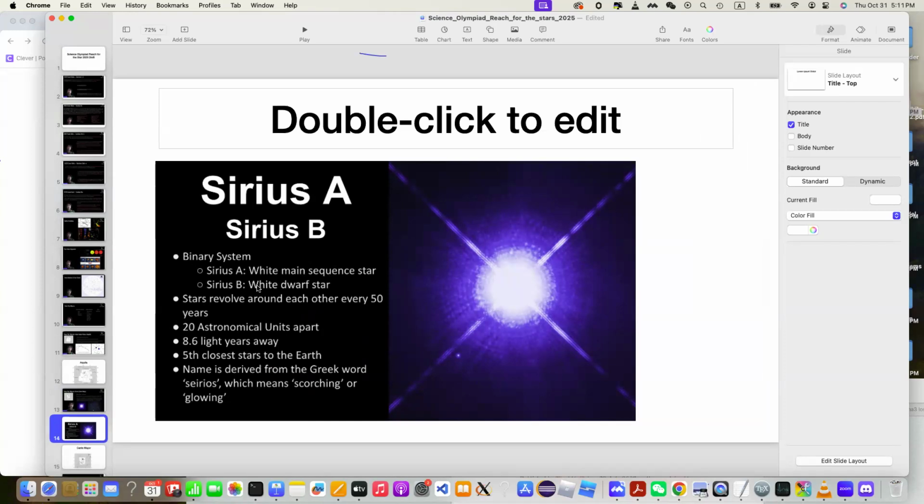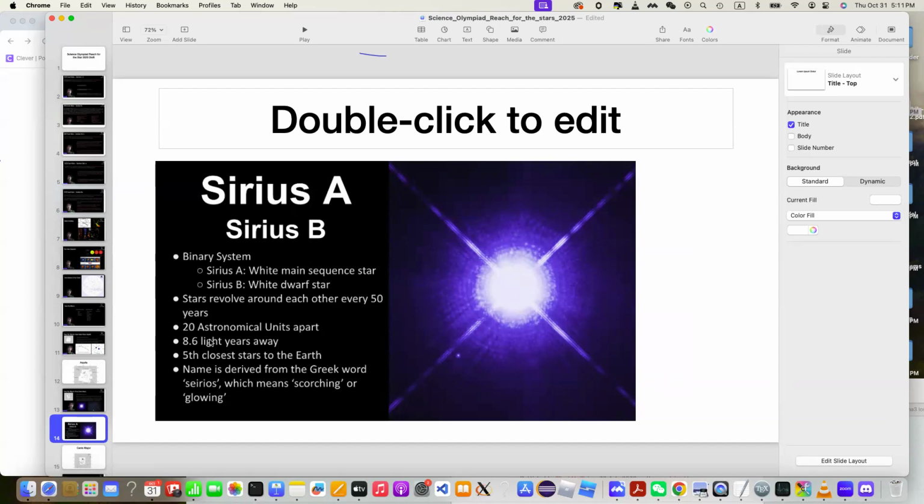And Sirius B is a white dwarf star, so you can barely see it. I think it is probably this very faint one. You can see how different their brightnesses are. The stars revolve around each other every 50 years, which might be something you can make a question out of.